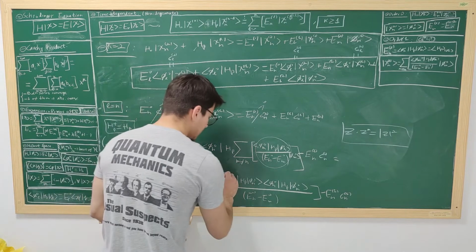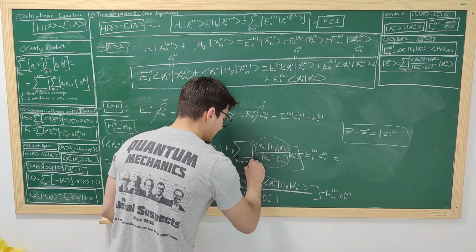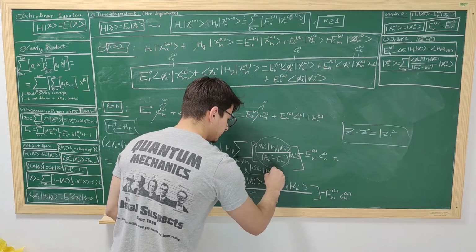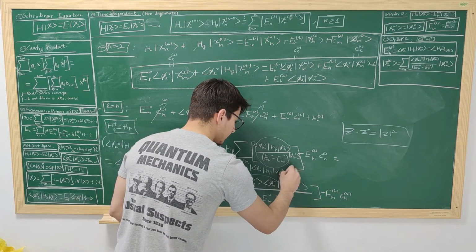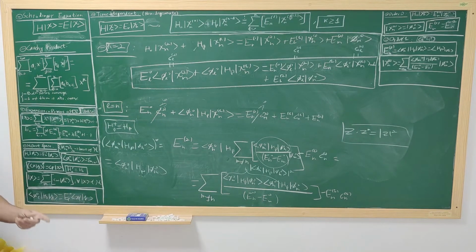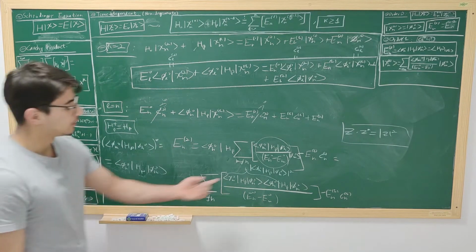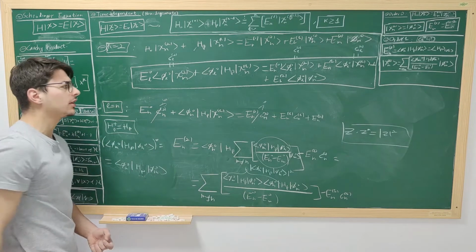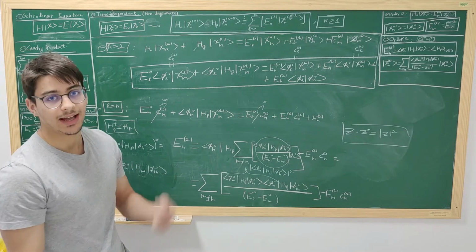So instead of this, we can just write the modulus of this inner product squared, or the modulus of this inner product, really is just the same, just a complex conjugate. Well, so this would be our expression for the energy. Let me just write it here, and we'll get on with the correction to the eigenstate.